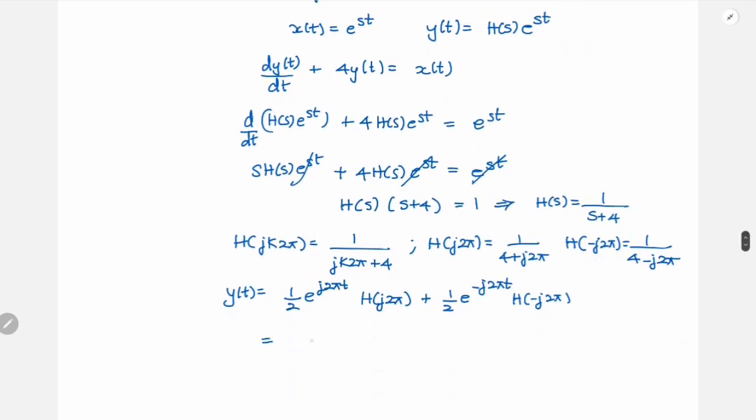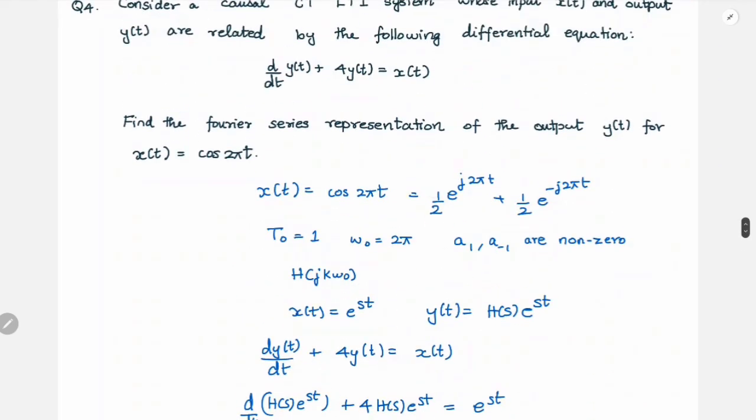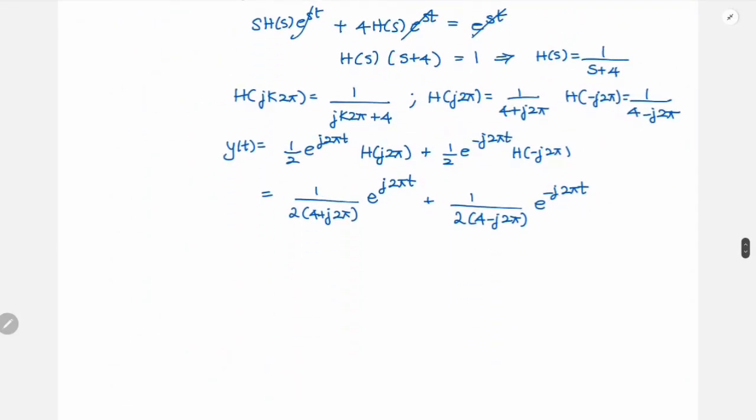And this is going to be 1 by 2 into 4 plus j 2 pi e power j 2 pi t plus 1 by 2 into 4 minus j 2 pi e power minus j 2 pi t. And this is what they have asked us to find, the Fourier series representation of the output y of t, which is what we have found.